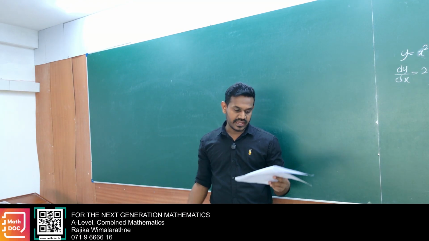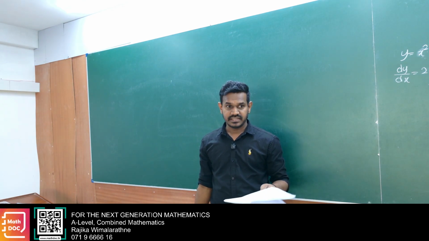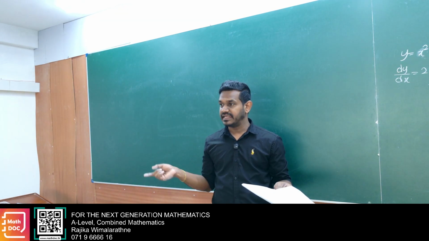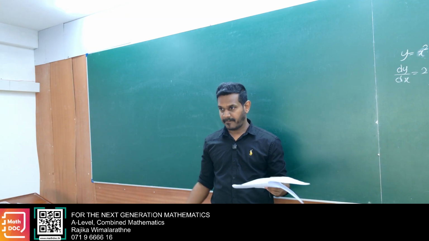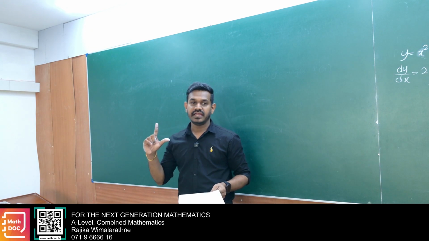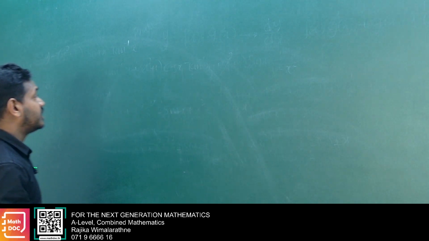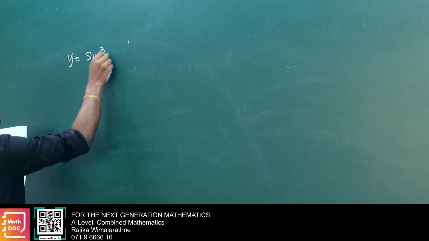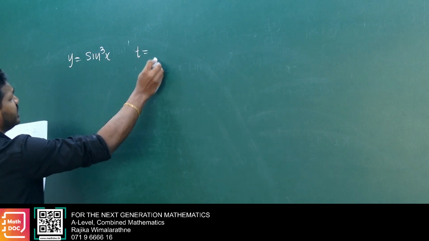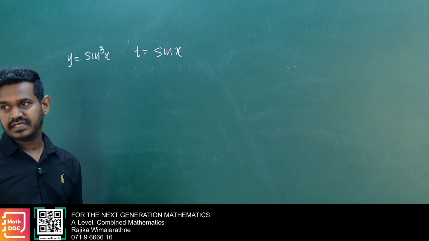Okay. Now here we need to differentiate sin cube x with respect to sin x. That means d of sin cube x divided by d sin x is needed. The way: take y equals sin cube x first, then t equals sin x.